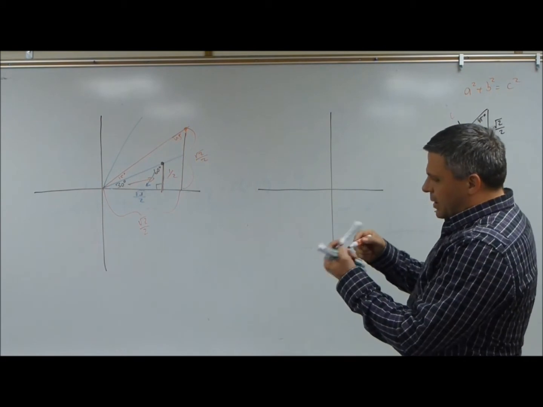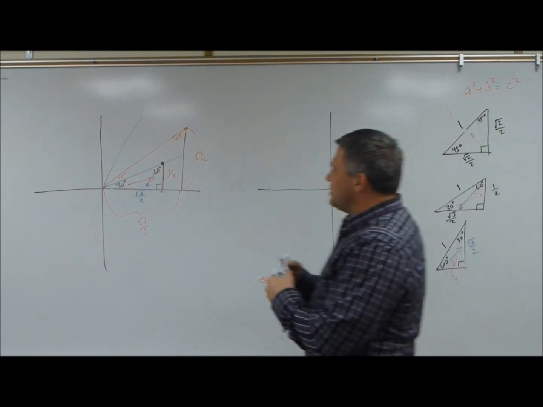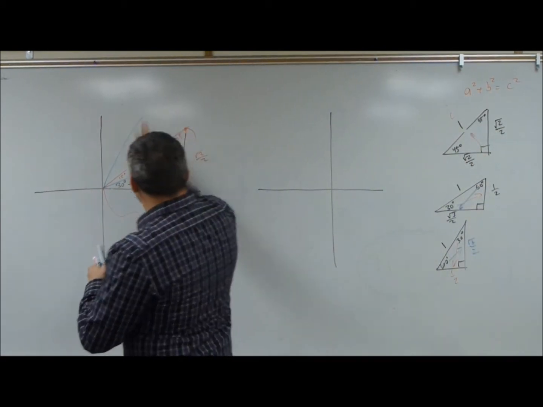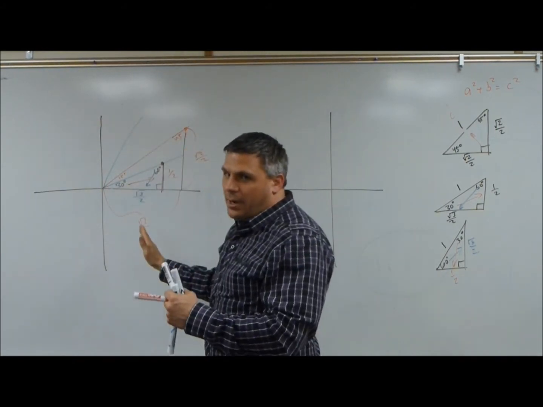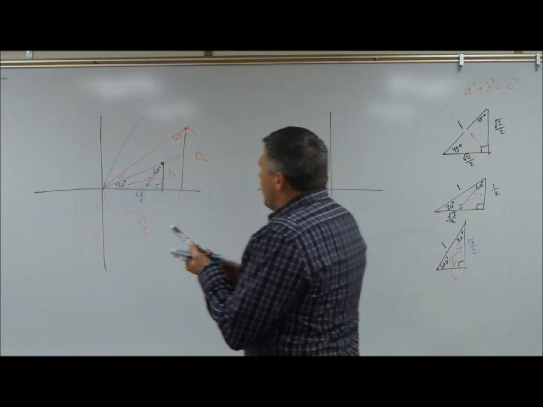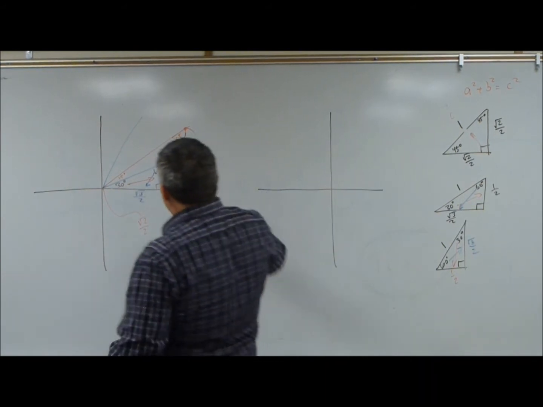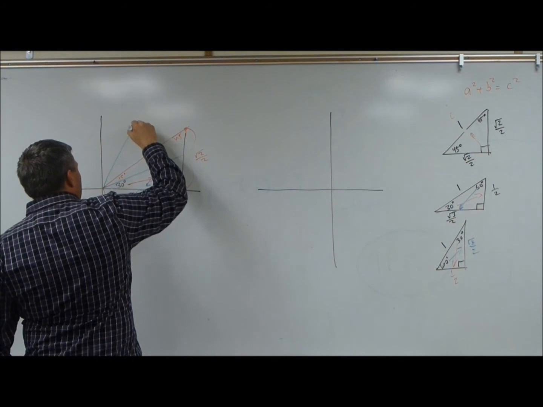Then this other one's going to be a little hard to do unless I make it small. I can take it off, but it's going to go off the board. So I'm going to make this one a little small and come back to it. Hopefully you'll see what we're doing here.